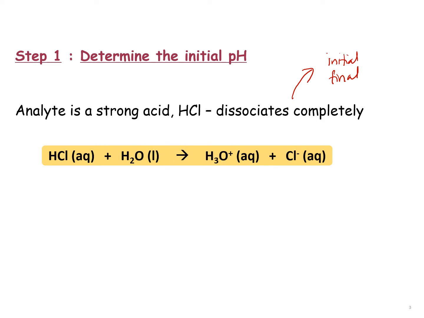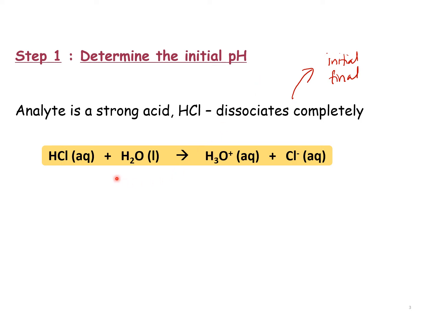About the equation: someone asked me the other day, Madam, for the dissociation equation of an acid, some have H2O, but inside my exercise answer I did not put H2O. Which one is the correct one? Like I said, for an acid, it can be both.